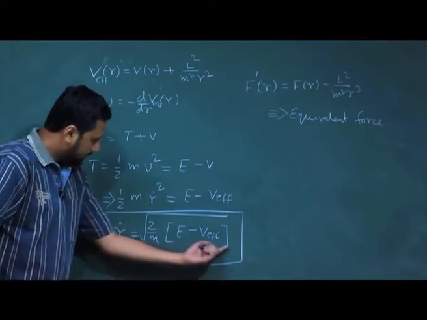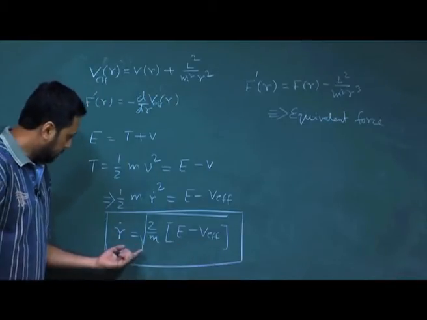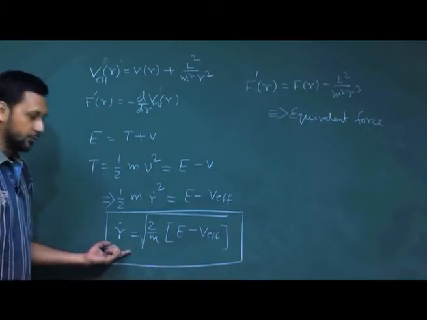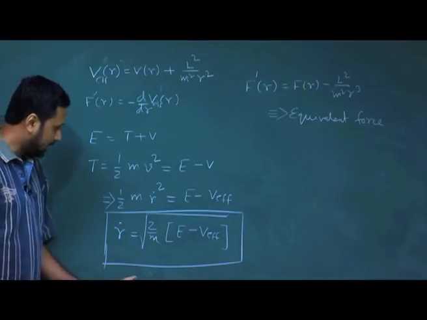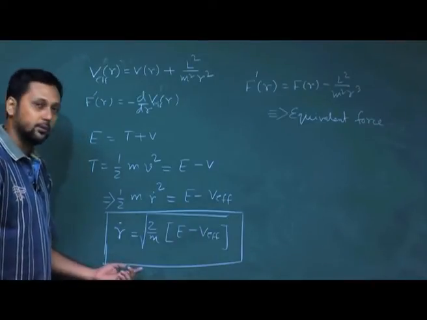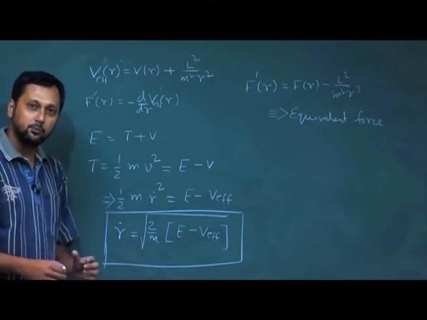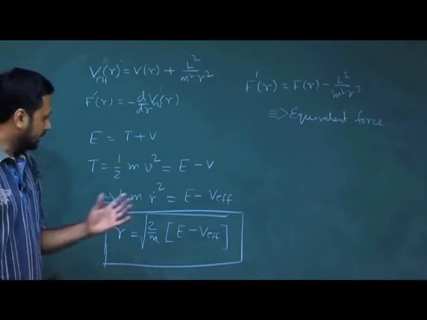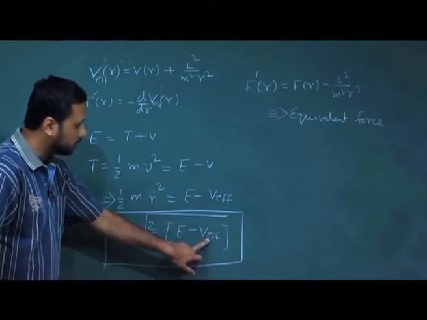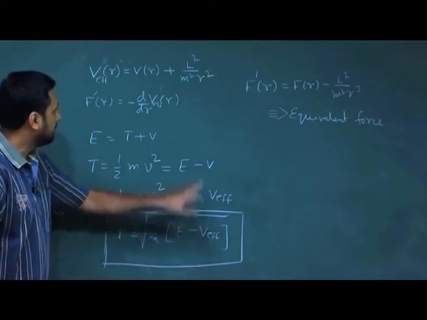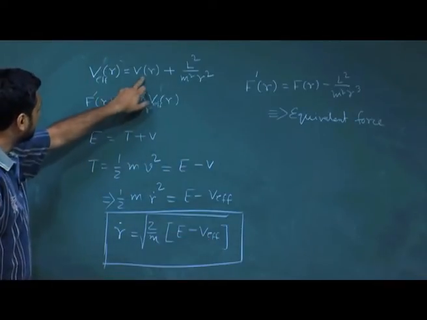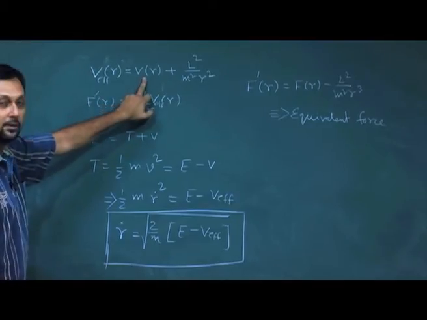Now, if you look at this particular form of equation, does it not look like an equation of motion for a velocity component for a one-dimensional motion? If you recall, this V effective is also a theta-independent term. The first term is the standard potential, which is already theta independent by definition.